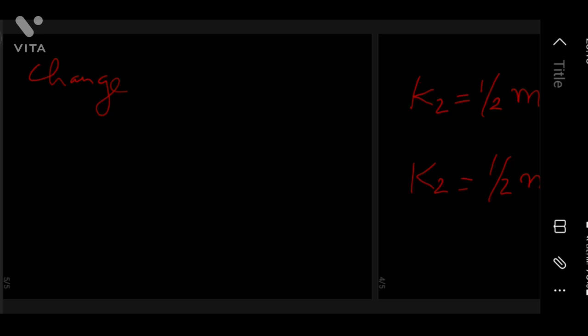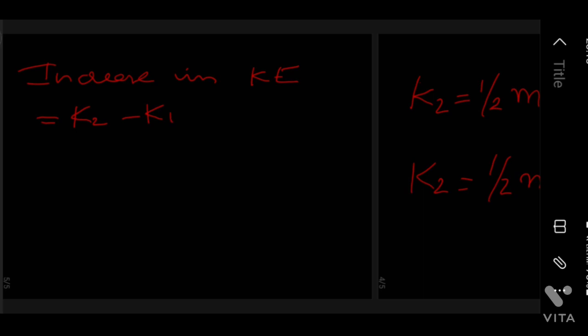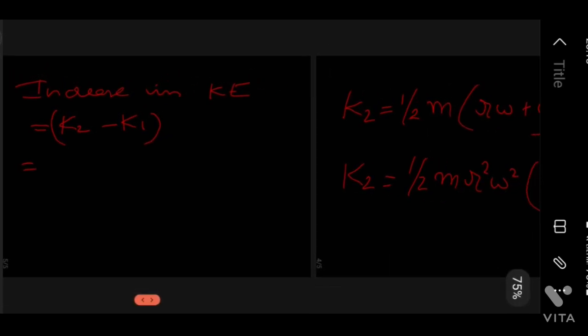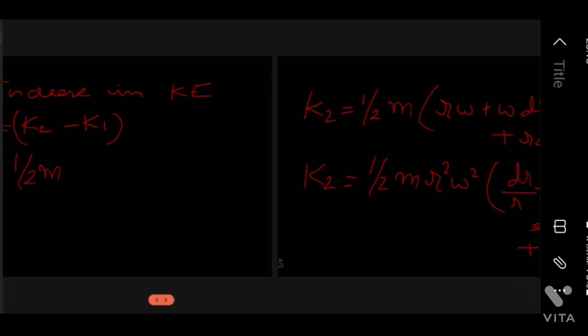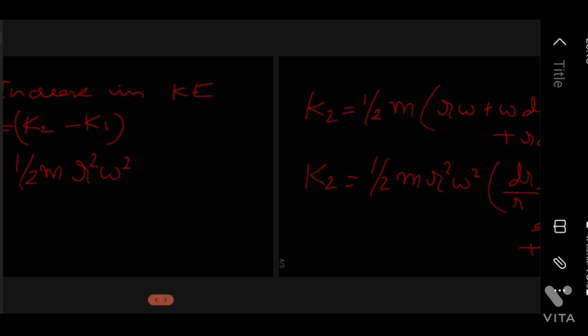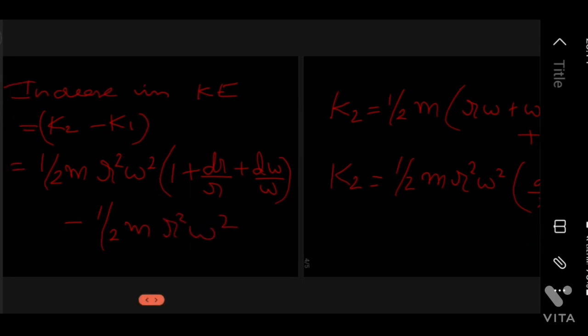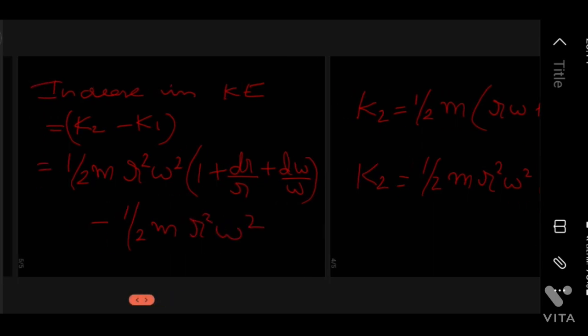So the increase in kinetic energy is equal to K2 minus K1, which is equal to half m r square omega square times (1 plus dr by r plus d omega by omega) square minus half m r square omega square.